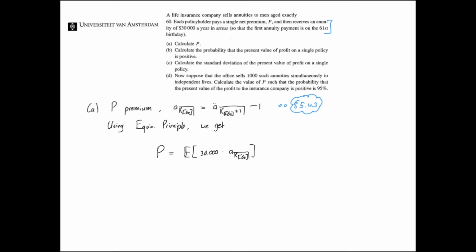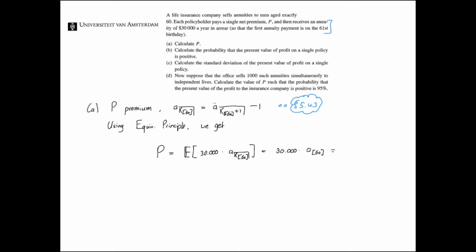In any case, we have to account for selection. This is by definition equal to 30,000 times the expected present value, which is denoted a_[60]. Then, using appendix D, which contains all the tables for these values, we can infer what a_[60] is.